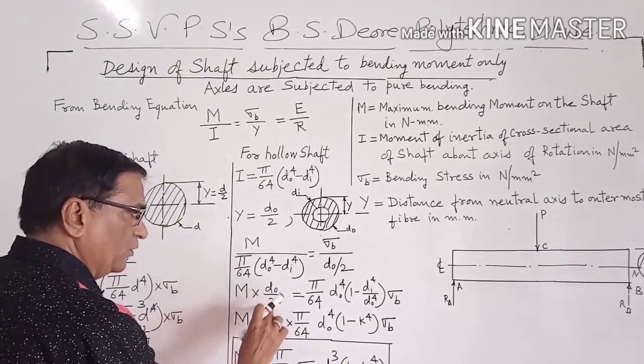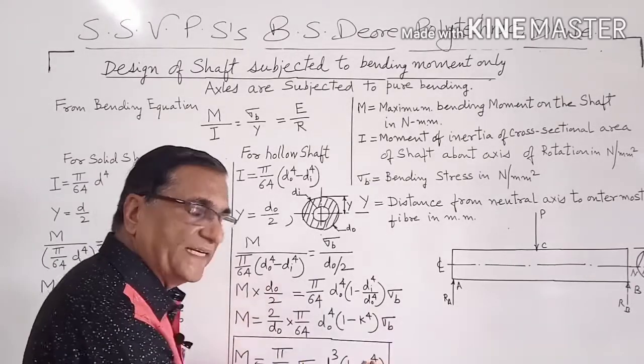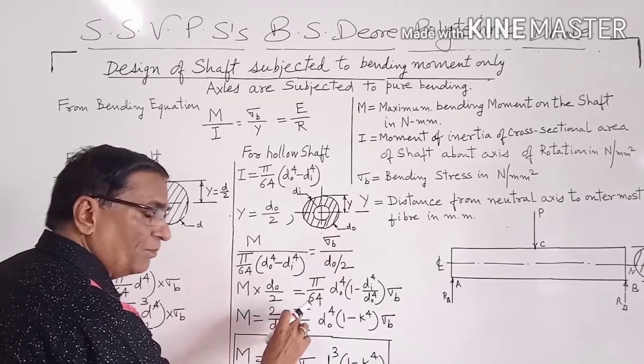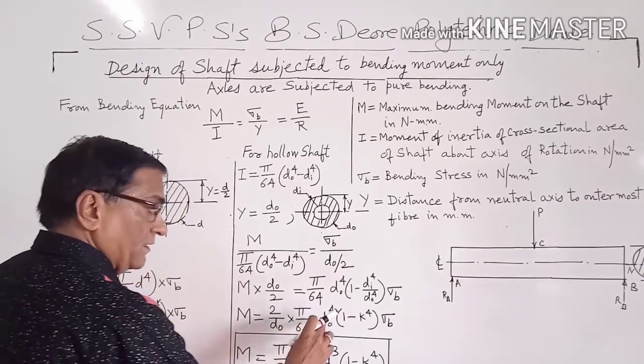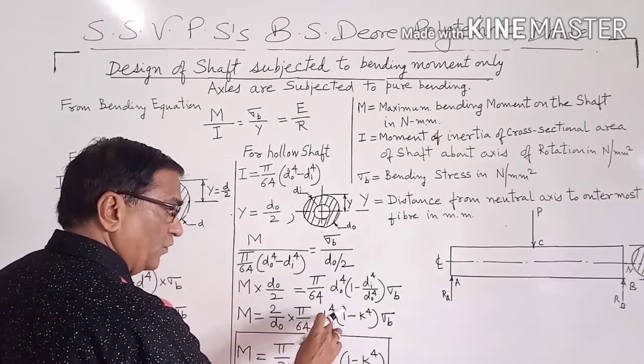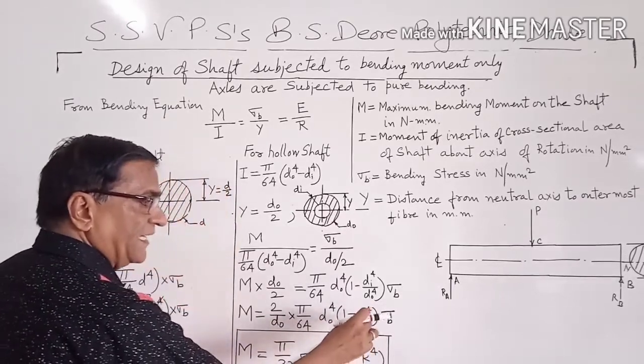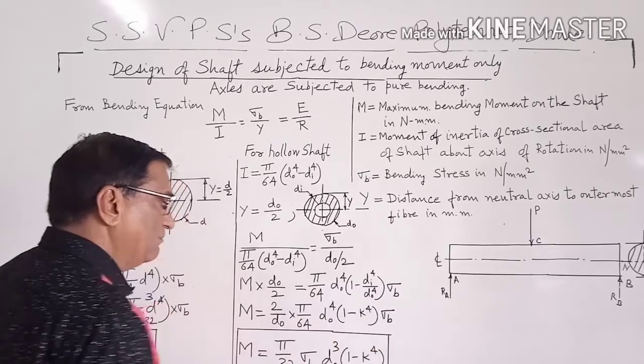Now transferring do by 2 to the right hand side, M is equal to 2 upon do into pi by 64 multiplied by do raised to 4 in the bracket 1 minus k raised to 4, bracket is complete, multiplied by sigma b.